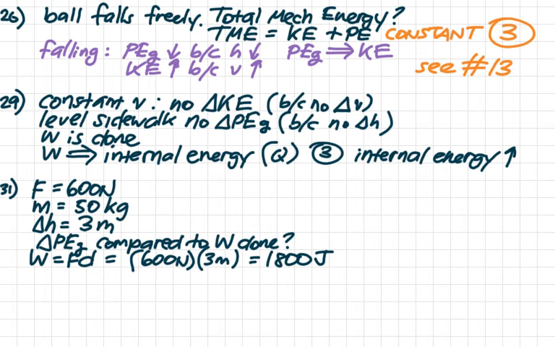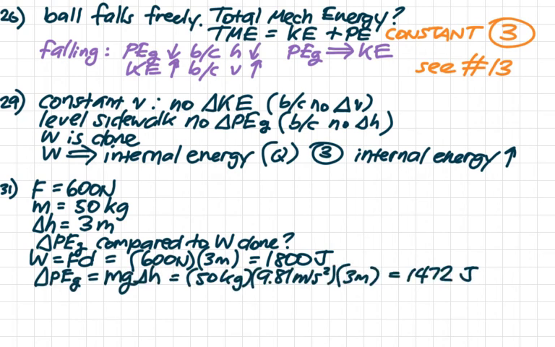So the force is being applied over 3 meters. So the person did 1,800 joules worth of work. But let's look at the gravitational potential energy change for the crate. Even though 1,800 joules of work are being done by the person, the actual net change in energy, the gravitational potential energy change, is only 1,472 joules worth.